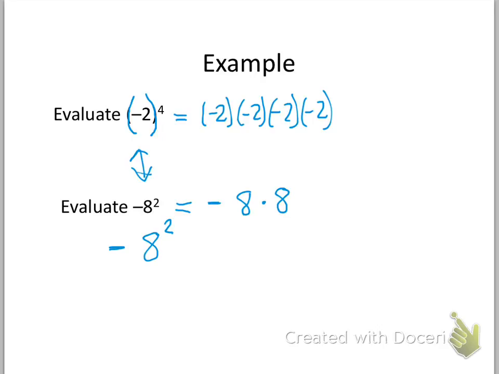In the second one here, the negative does not stay with the number because there are no parentheses. So in the top one here, I have negatives in pairs, so my answer is positive. 2 times 2 is 4, times 2 is 8, times 2 is 16. On the bottom, I have negatives not in pairs, so my answer is negative, and 8 times 8 is 64.